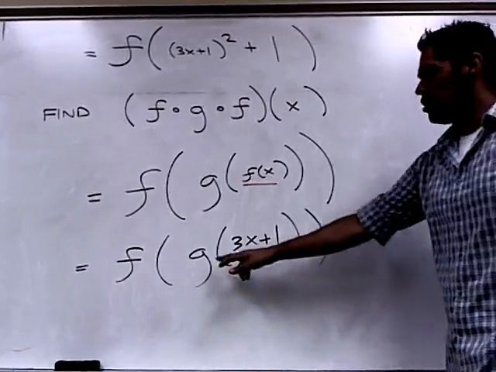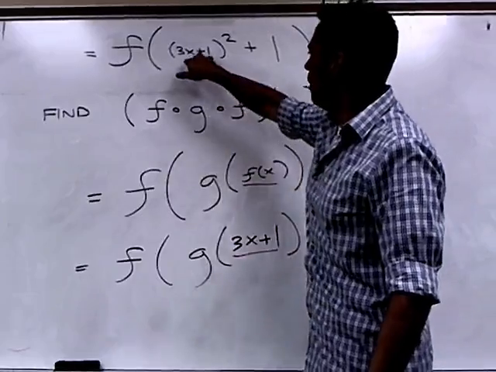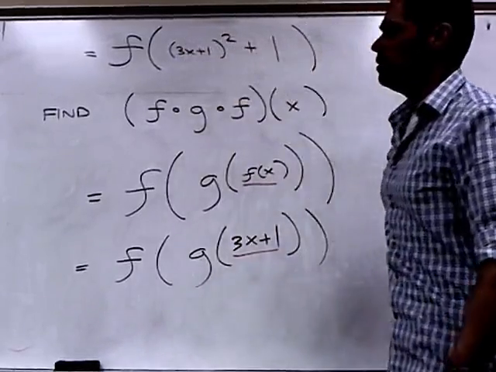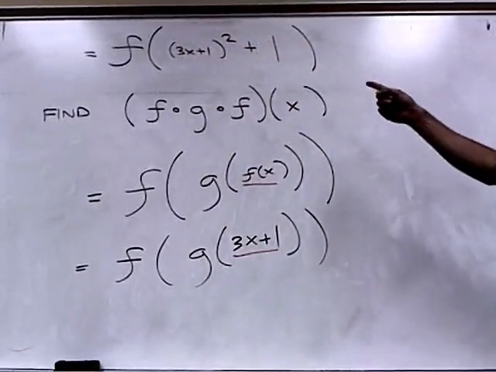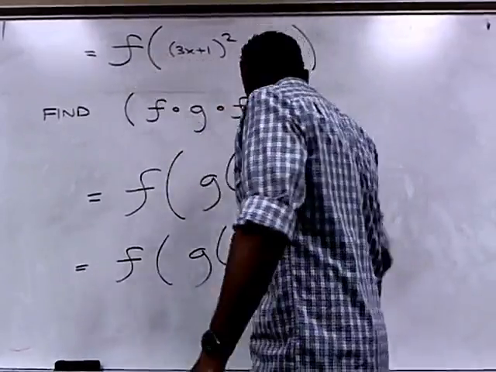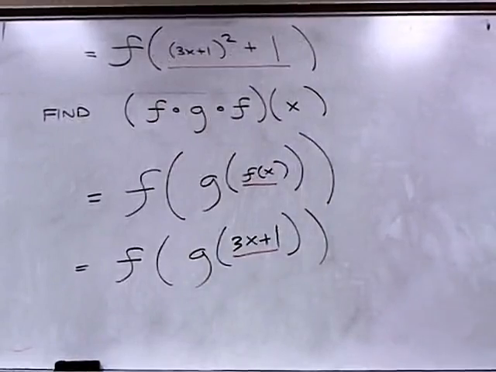What was the function g? Wasn't it x squared plus 1? So isn't that, I'm plugging in 3x plus 1, that's our x squared plus 1. Now where does that get sent? It's sent into f, right? This whole thing is going to go into the f function for x.